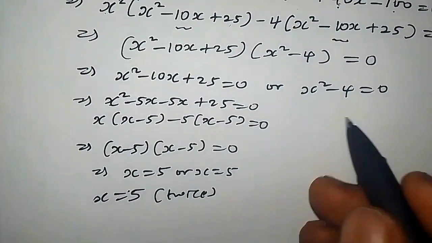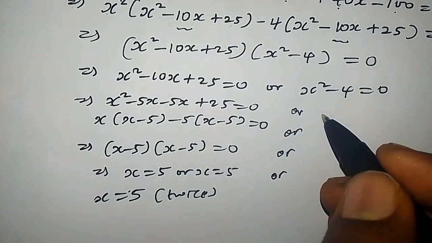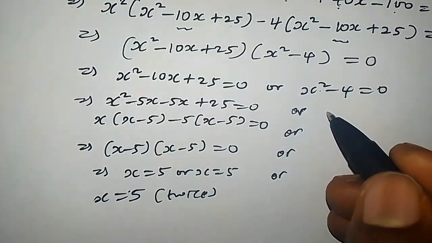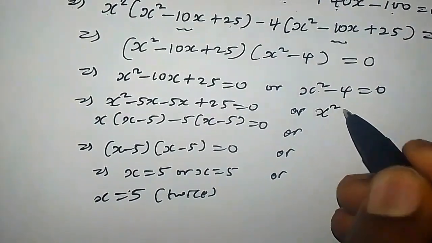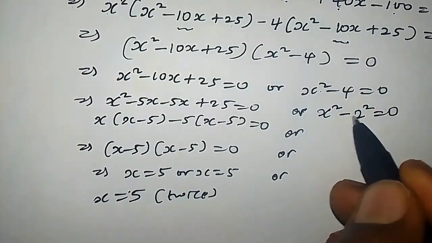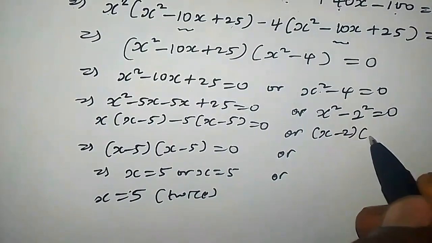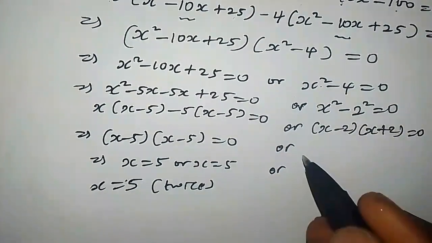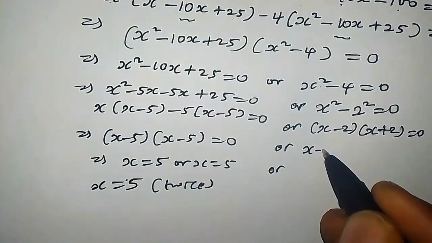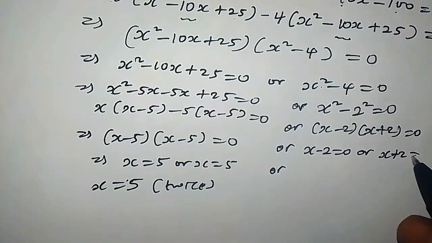Now let's consider the second one. You will observe that this is a difference of two squares. That is, we can write x squared minus 4 as x squared minus 2 squared equals 0. So this gives x minus 2 times x plus 2. So in this case, we have x minus 2 equals 0, or x plus 2 equals 0.